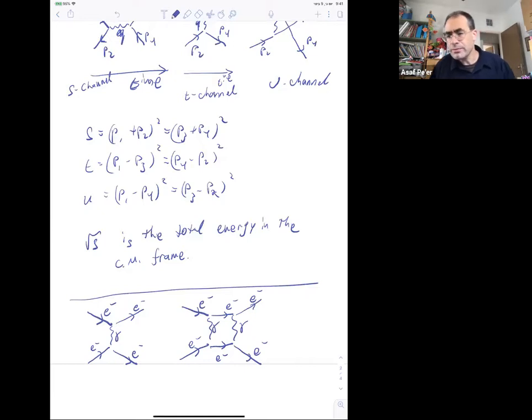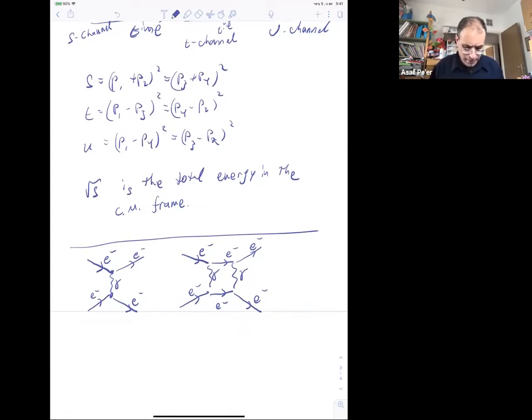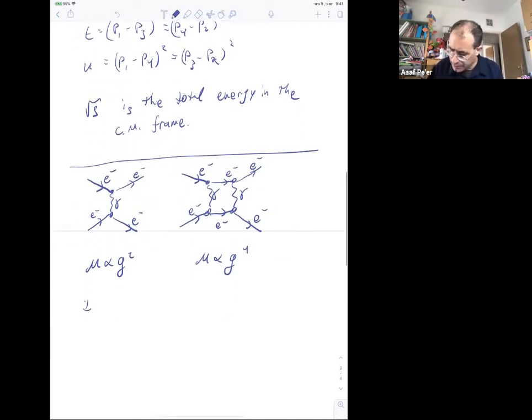But fortunately for us, since each vertex gives this coupling constant G, we said that the quantum mechanical transition matrix element for the interaction, M, will be proportional to G squared. Here it will be proportional to G to the power 4 because we have 4 vertices, right? And the interaction probability, we do this calculation more precisely next week, or at least we start doing it next week.